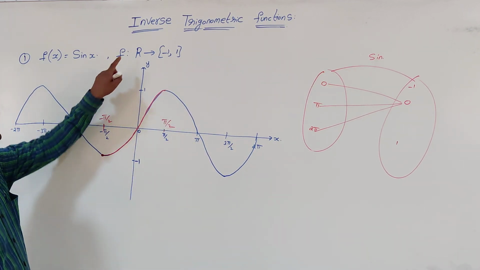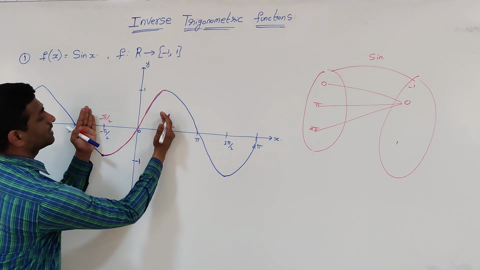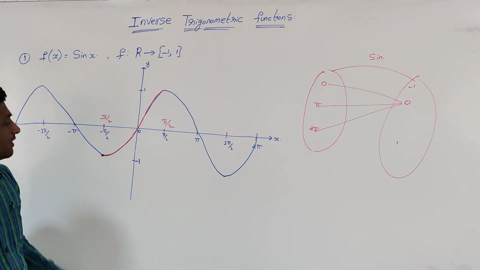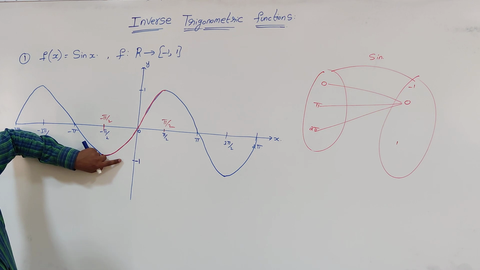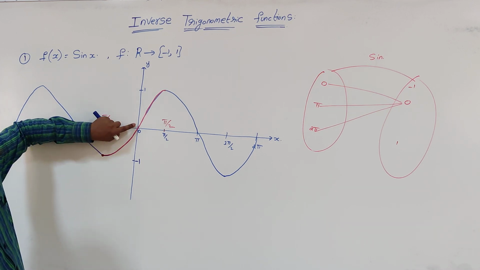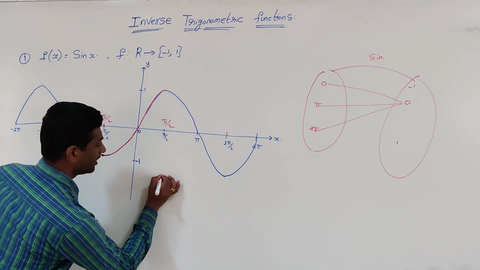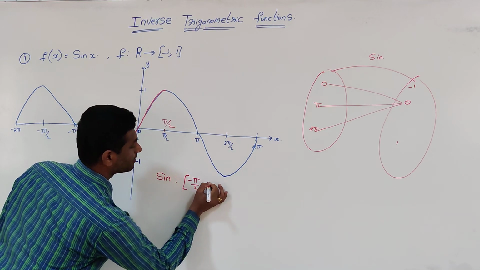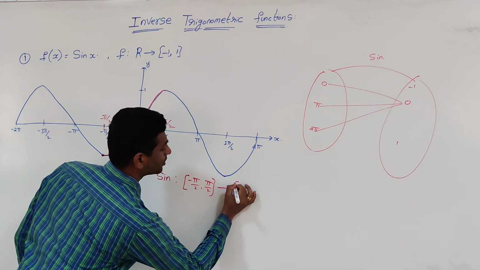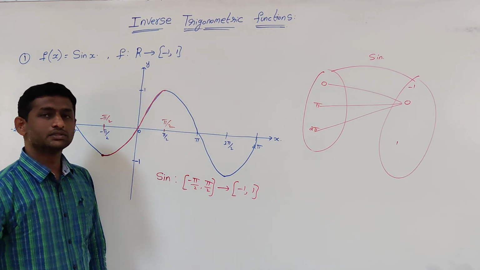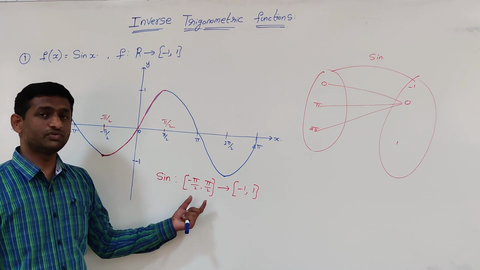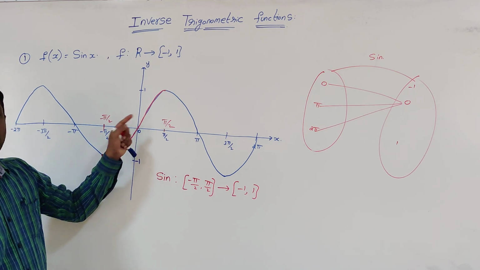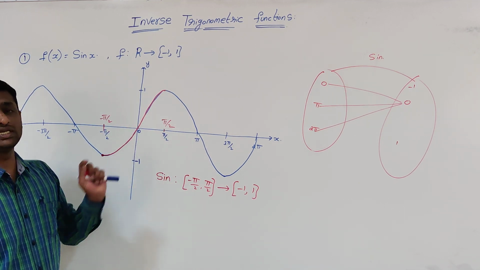If we restrict our domain R to the closed interval minus pi by 2 comma pi by 2, from 0 to pi by 2 we can have positive values, from 0 to 1. From minus pi by 2 to 0 we can have output values from -1 to 0. Means if we restrict the domain of sine to the closed interval minus pi by 2 comma pi by 2, with range the closed interval -1 comma 1, then this function is 1-1, means distinct elements will have distinct images.